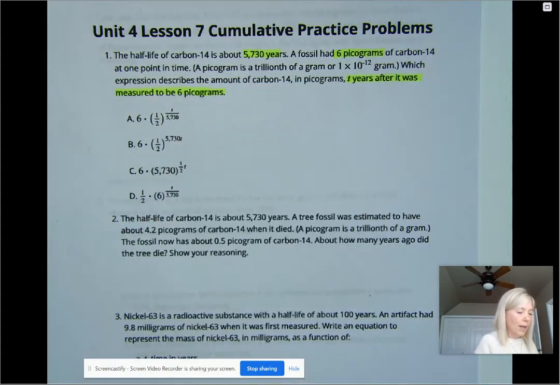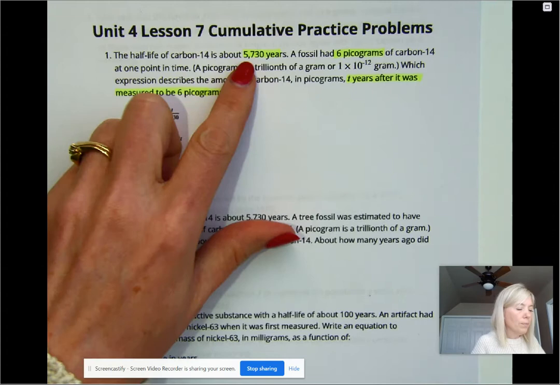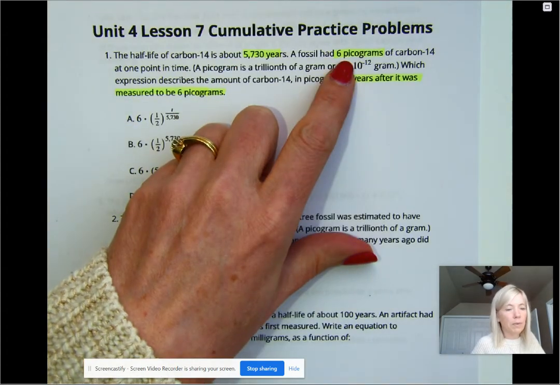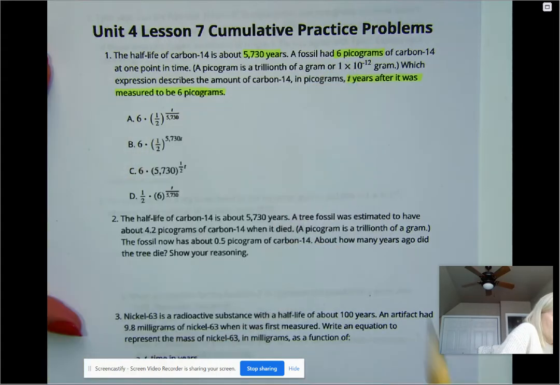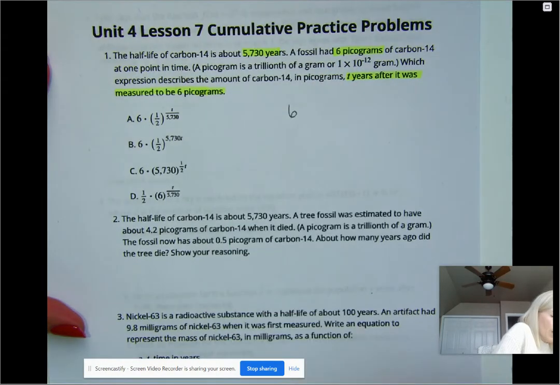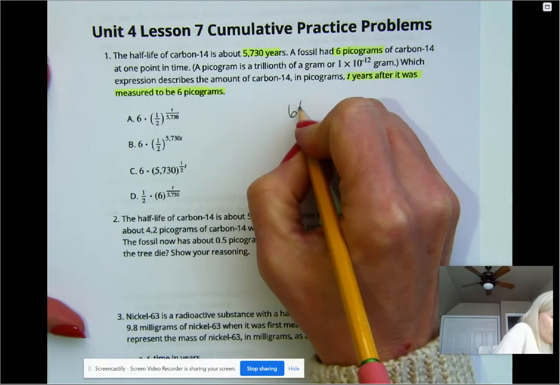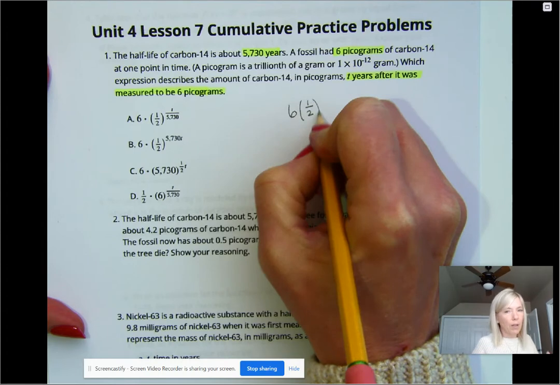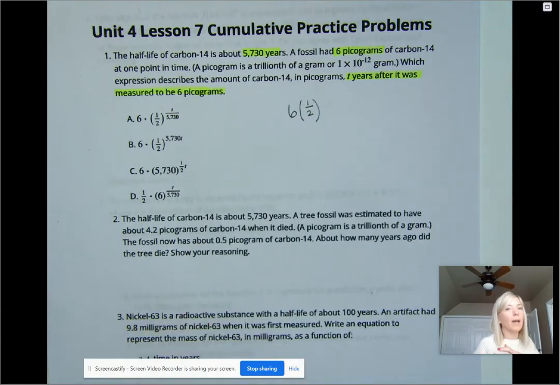And so if the half-life is 5,730 and the original amount, or whenever it was discovered, was 6, I know that 6 is going to be the initial amount. I'm going to have to multiply by 1/2 because the decay factor in a half-life is always 1/2. That's why it's called a half-life.